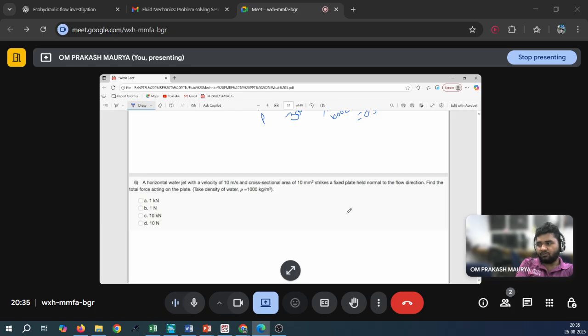Find the total force acting on the plate. Take the density of water as 1000 kg per meter cube. Options: 1 kilonewton, 1 newton, 10 kilonewton or 10 newton. Which option may be correct?